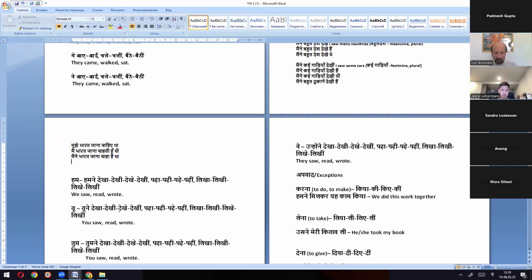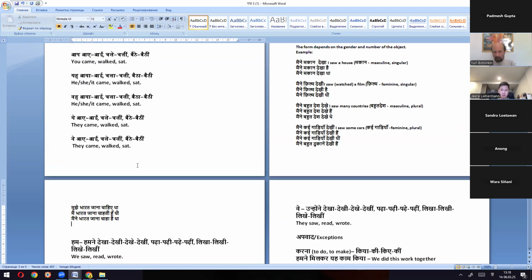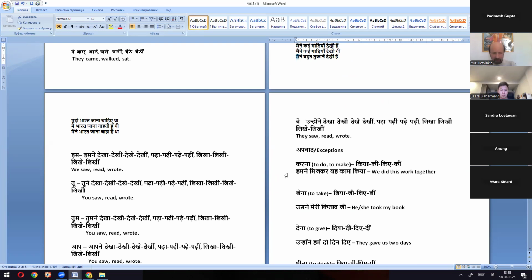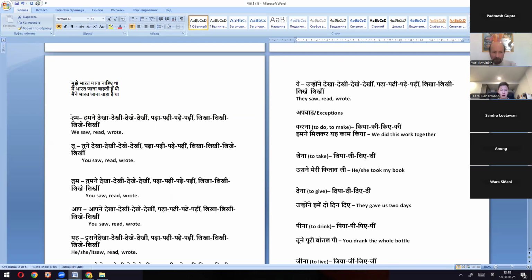Okay, so let's see what I was saying, that although ne is a postposition, we don't change main into an indirect form, and with some other pronouns it's the same. Like hum, we say हमने देखा, हमने पढ़ा, हमने लिखा, and whatever, all these forms.